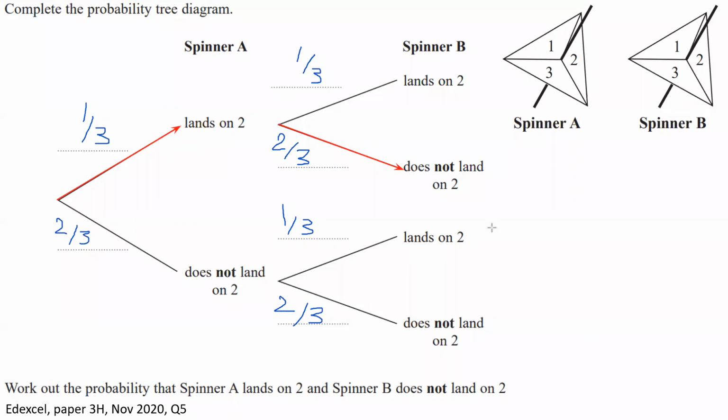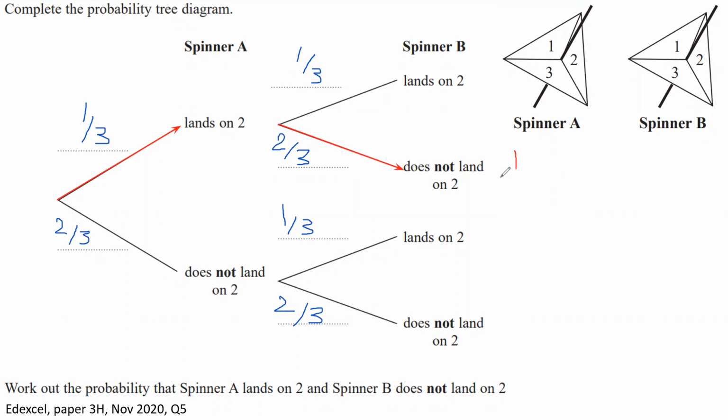Okay, so this is the only branch we now need to focus on. It doesn't matter what the others say. So spinner A landing on a 2, spinner B not landing on a 2. And in order to work out the probability of this happening, we need to do one probability times by the next probability, just for this combination of branches.